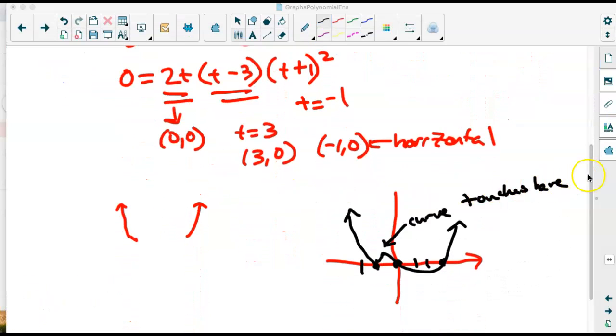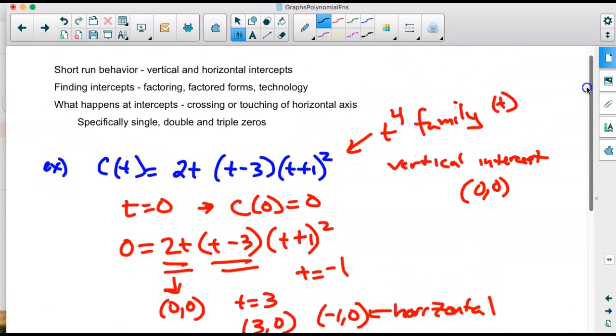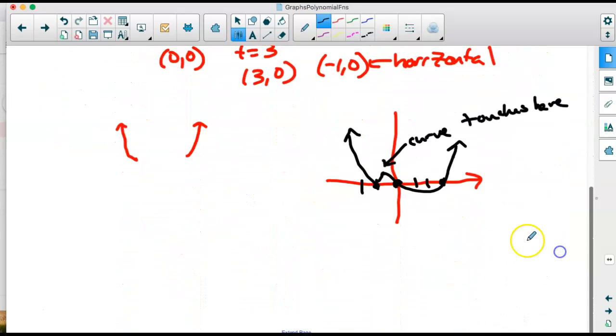Okay, so now let's look at another example and see what happens in this type of problem. Let's see if we can do another example with another graph.